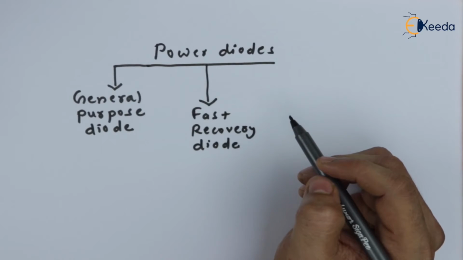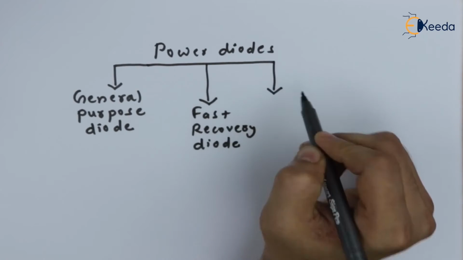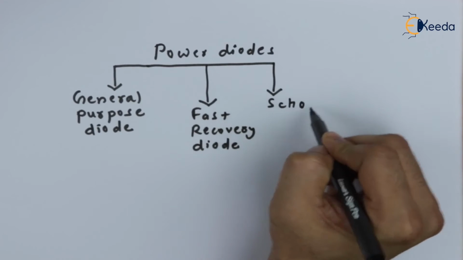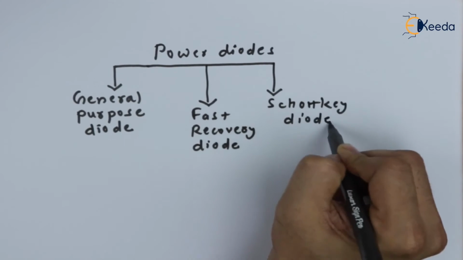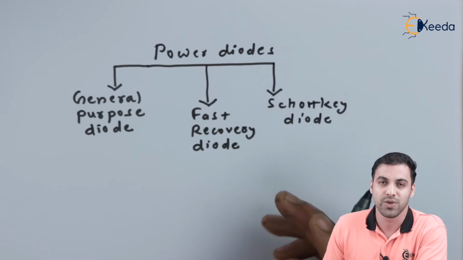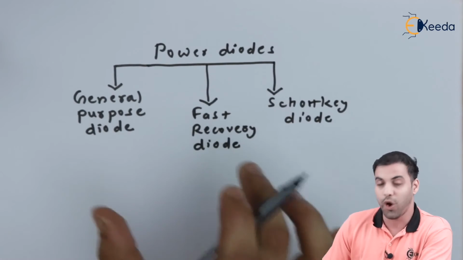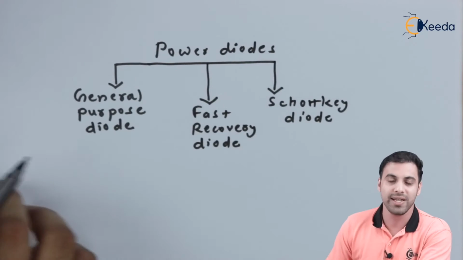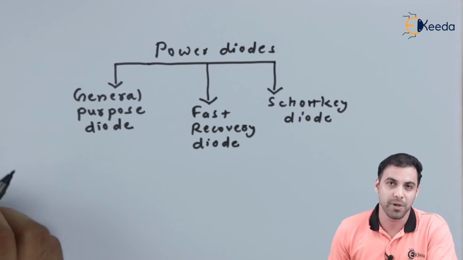Number two is the fast recovery diode. Number three is the Schottky diode. Let's talk about what these diodes are. Let's first talk about the general purpose diode.